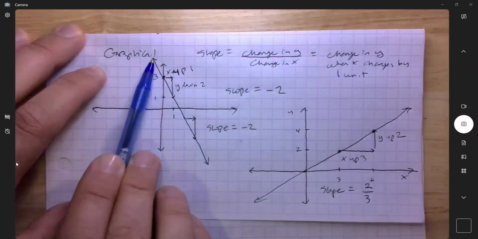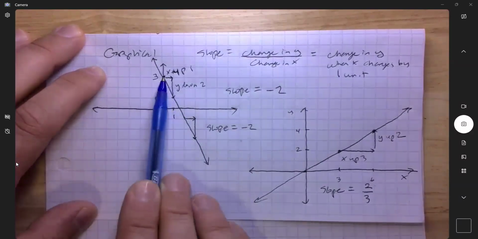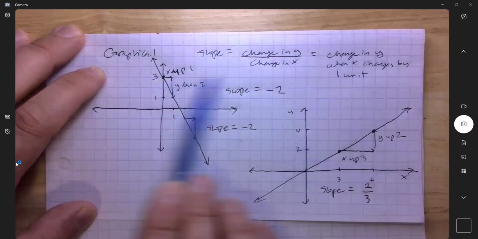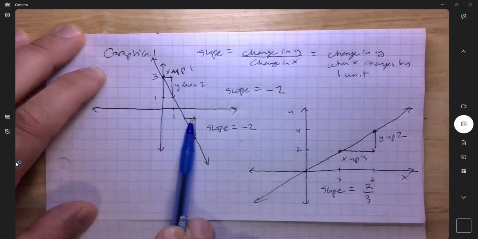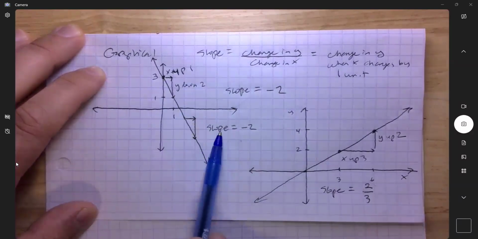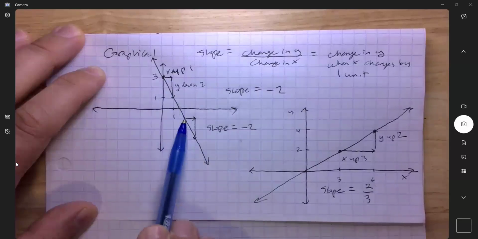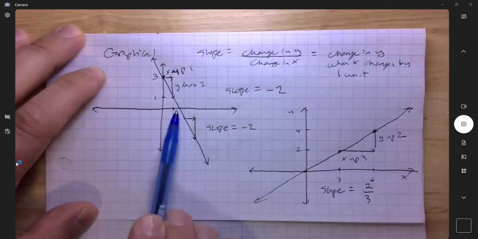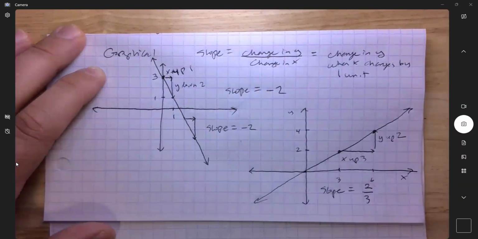And the function or the equation of the line gives us this line right there. And as x changes by 1 unit, y goes down 2 units. X goes up by 1 unit, y goes down by 2 units. So the slope is negative 2. And notice no matter where I do this calculation, the slope is always going to be the same number.